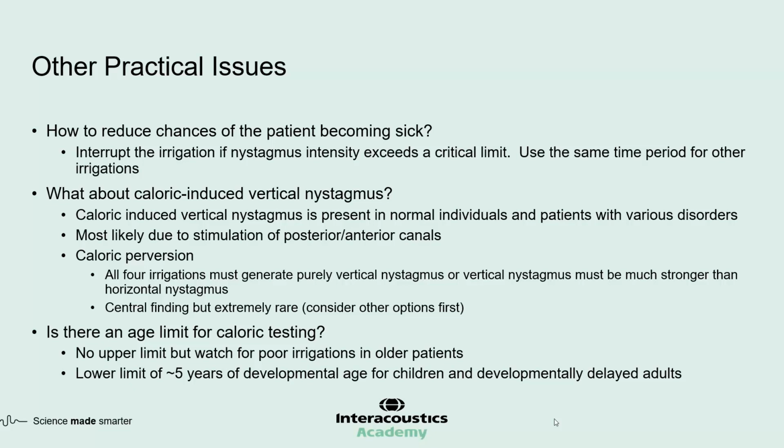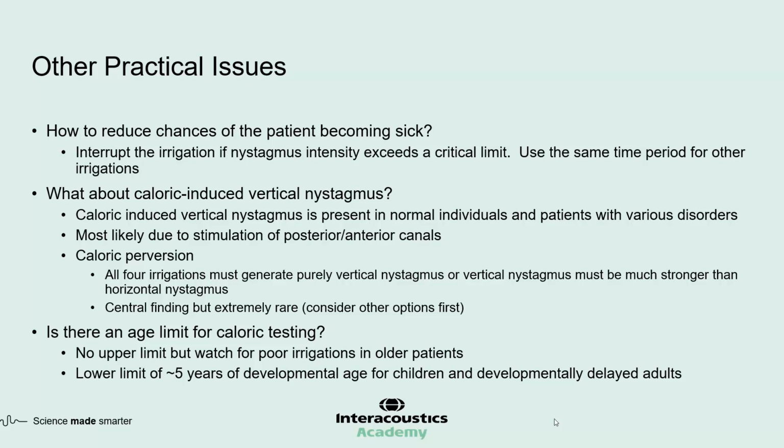As far as the lower age limit, children and adults with developmental delays, usually about 5 years is the minimum age that you can test the patient. If the patient is really cooperative, you can go a little bit lower than that. Not cooperative, you probably have to go higher than that.